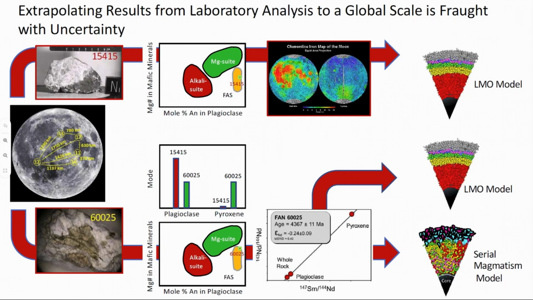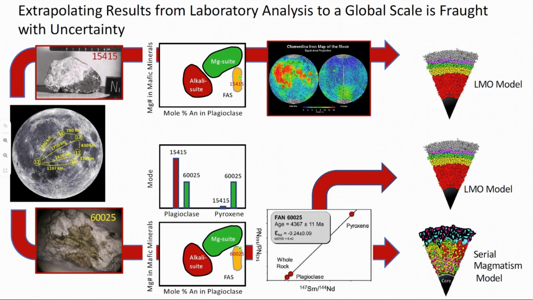However, because we have to do chronology on this thing, we need fairly equal abundances of the two minerals that are present, pyroxene and plagioclase, which makes it a little bit of an atypical rock. We completed an age on this, and we got something like 4.37 billion years. And then we're left with, what does this age mean?